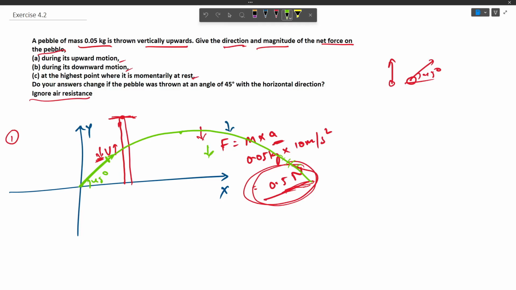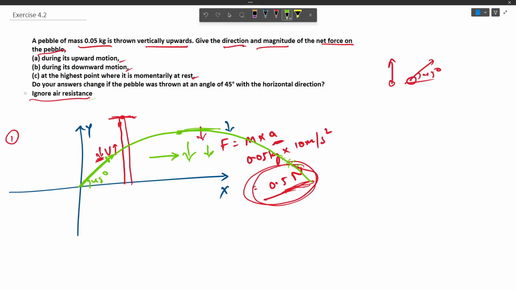Now what would change here is that at the point of highest distance away from the ground, it is not going to be at rest because it has some x direction component of velocity, which is not being affected by the force, because the force is not acting in the x direction, it is acting in the y direction. So this component of velocity would make the pebble move in the x direction irrespective of the height.